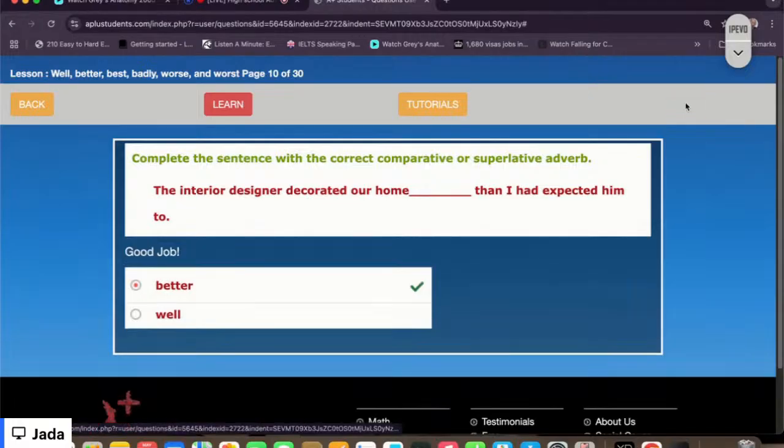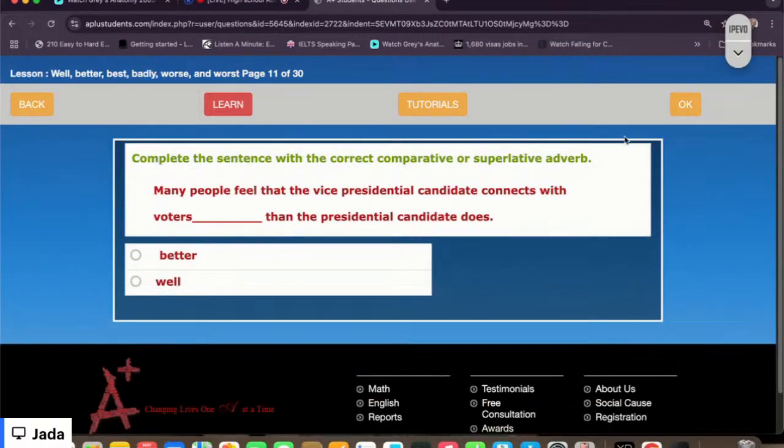Okay, so we have better. And that's it for our lesson under adjectives and adverbs. Can you tell me if you have any questions?